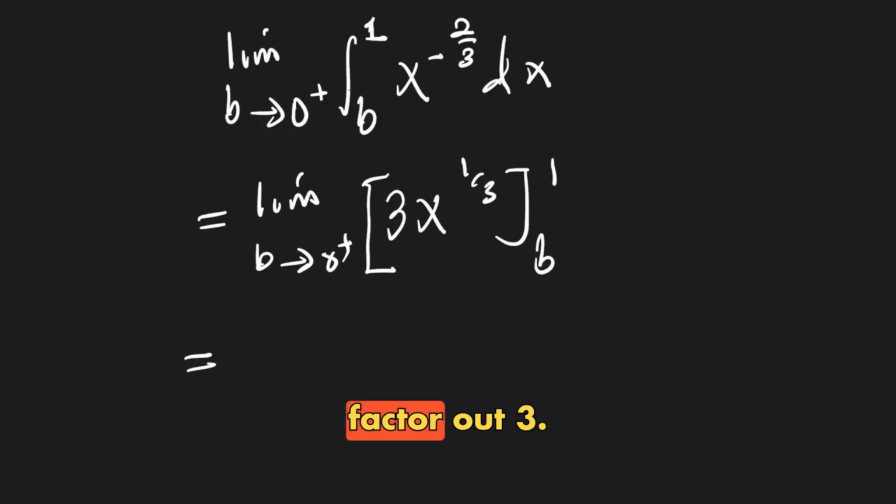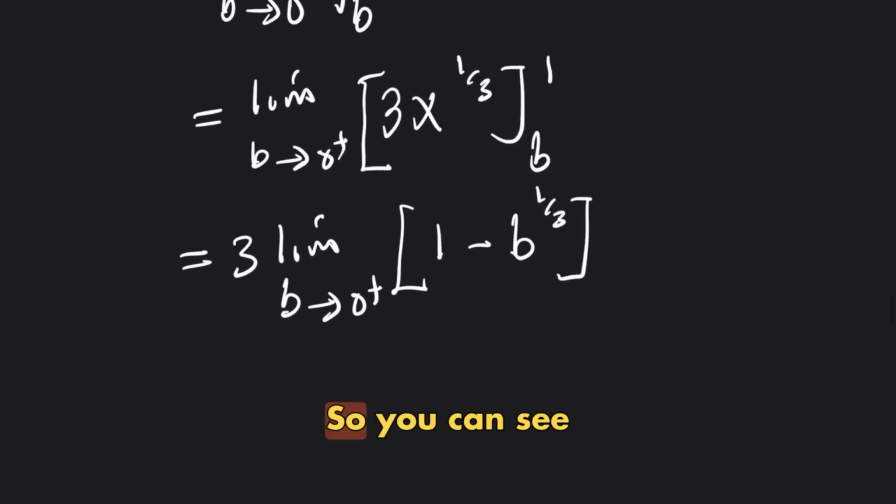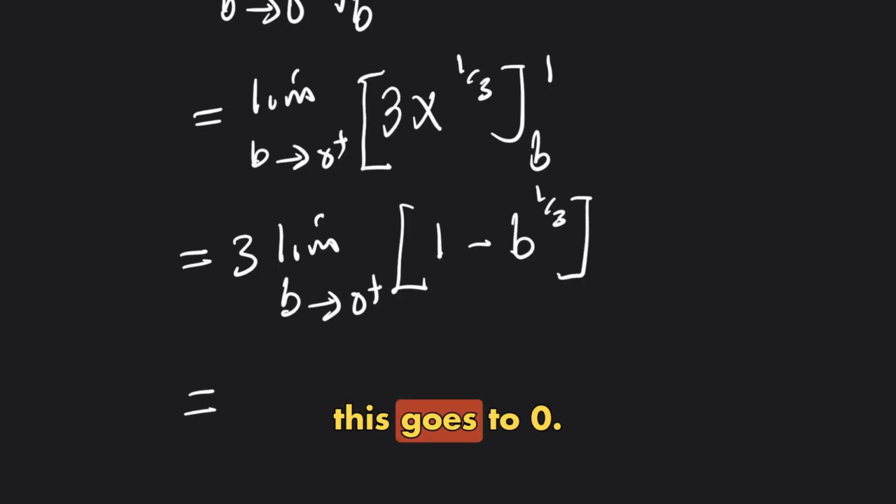Let us go ahead and factor out 3. This is 1 minus b to the power 1 over 3. So you can see here as b goes to 0, this goes to 0, so this is just 3.